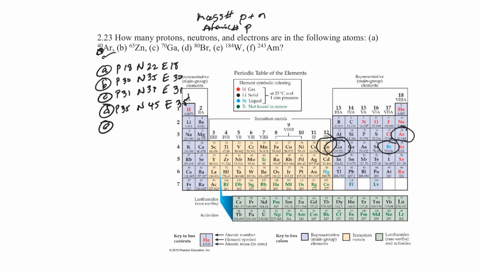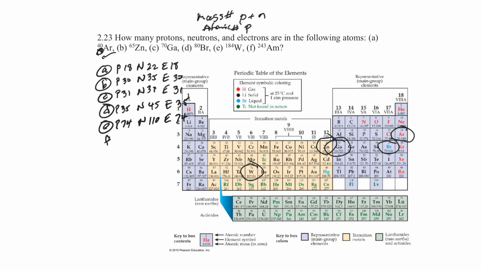E is tungsten-184. Tungsten is 74. So I take 184 minus 74, and I get neutrons 110. Electrons is 74, same as protons.